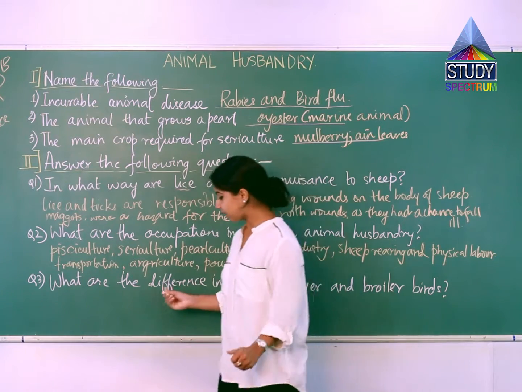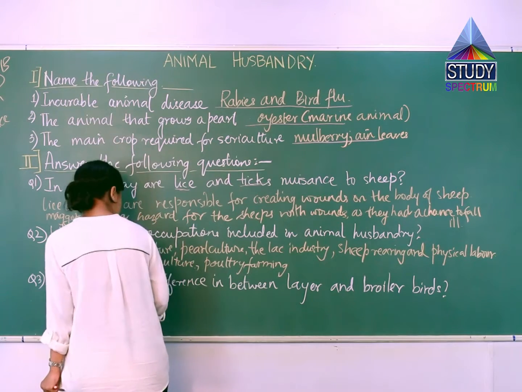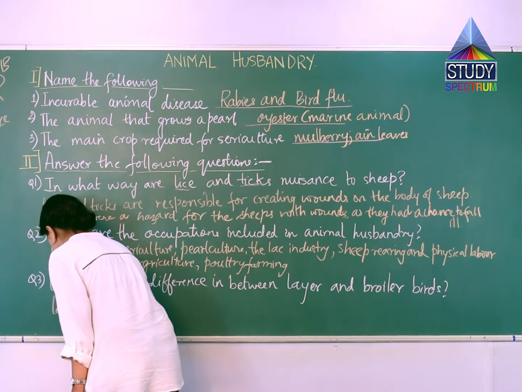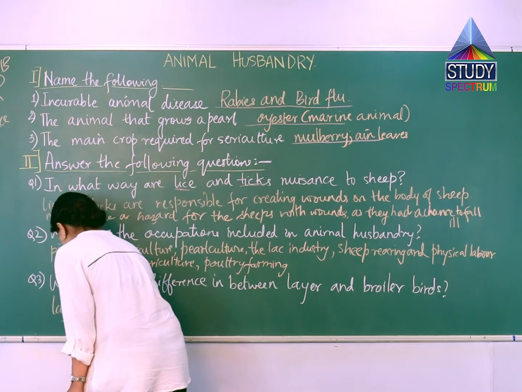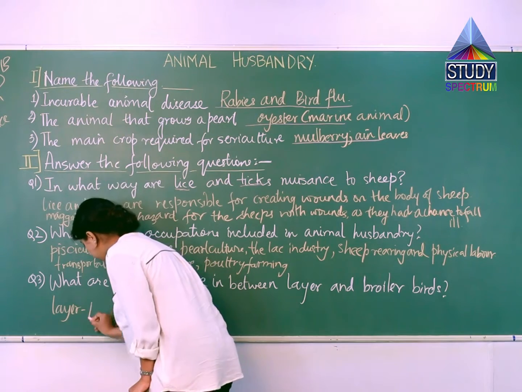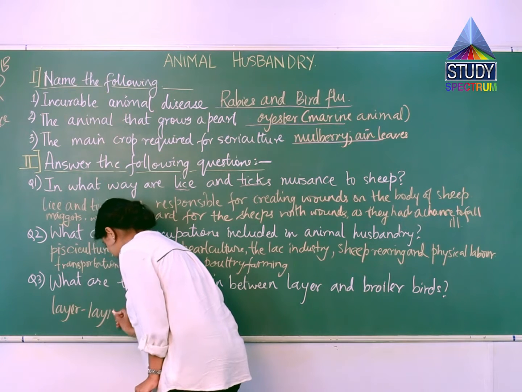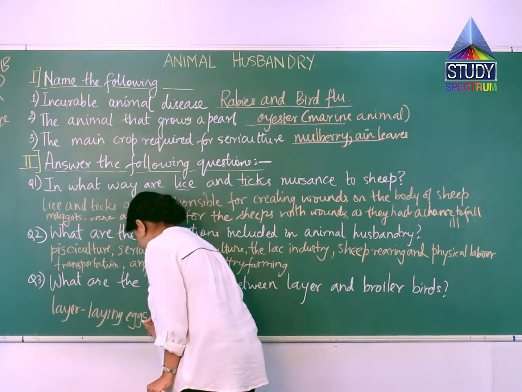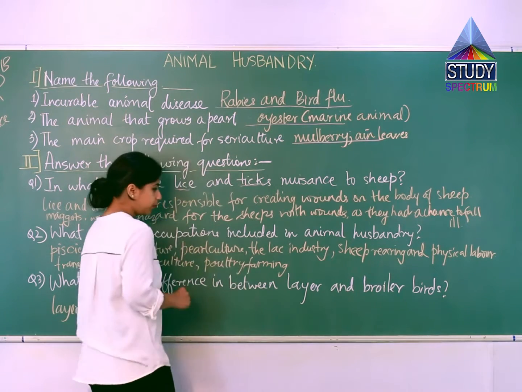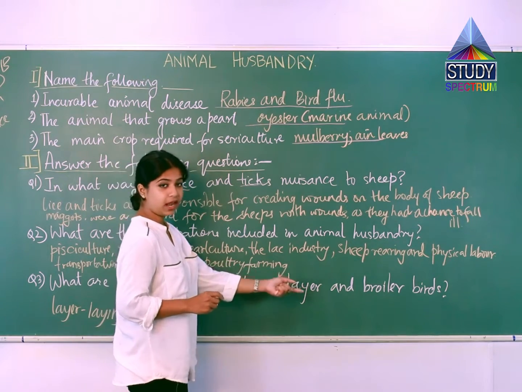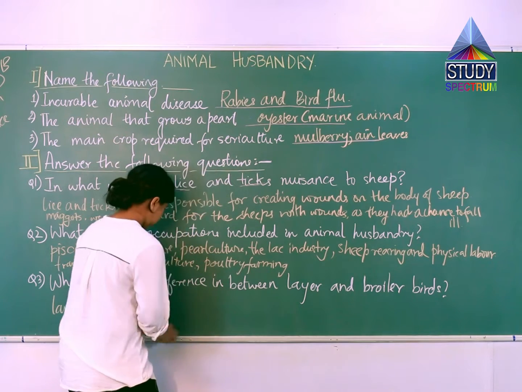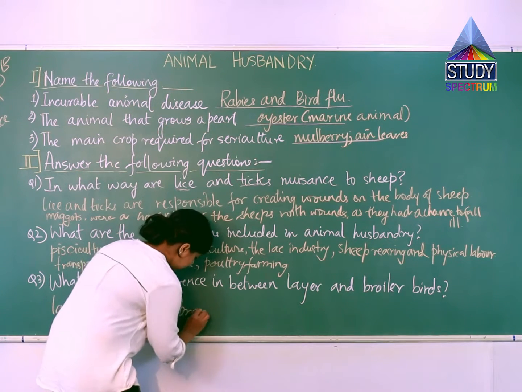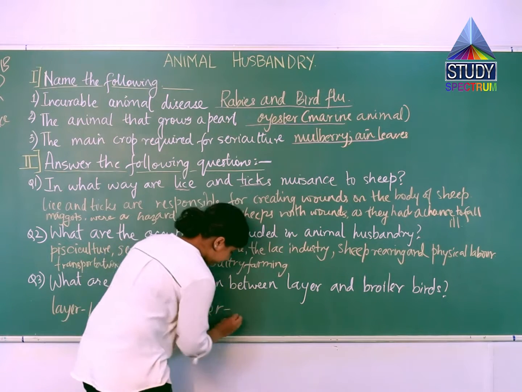So I'll just write the difference, that is, the layer birds are the ones that are responsible for laying eggs. The birds in the category of the broilers were responsible for providing meat.